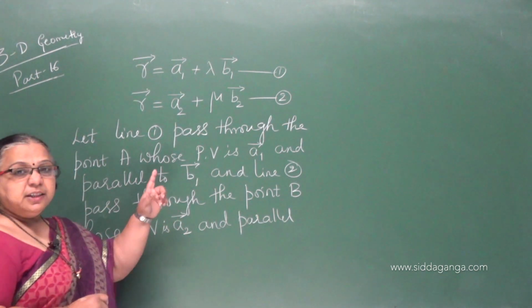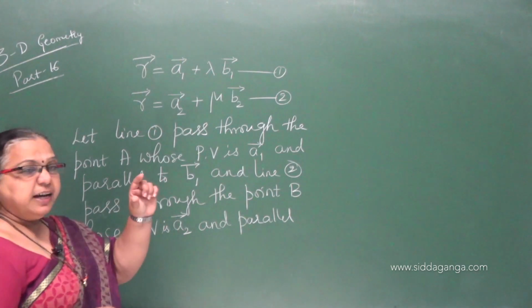Now you join the points A and B, then we get another vector.